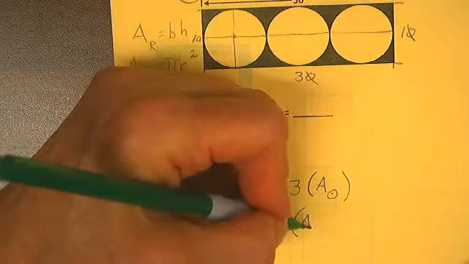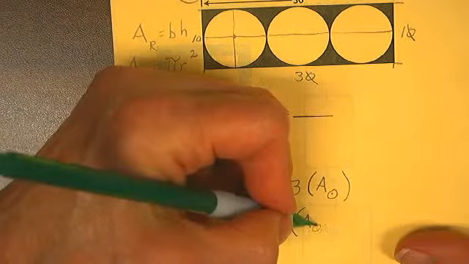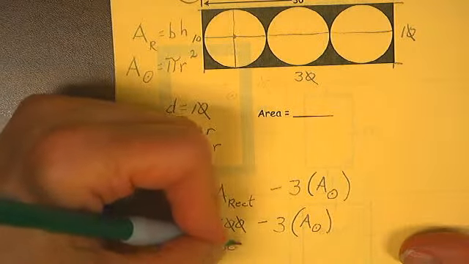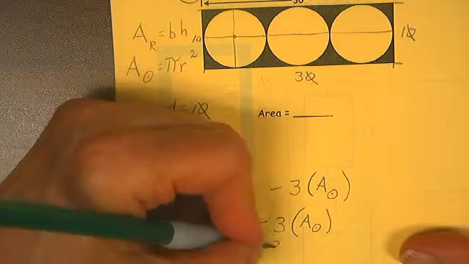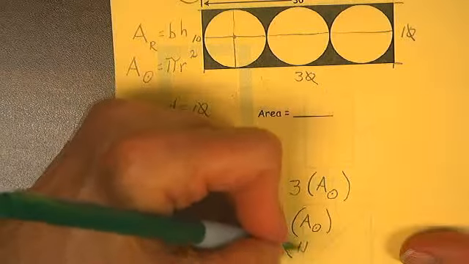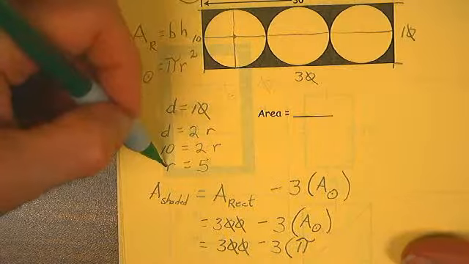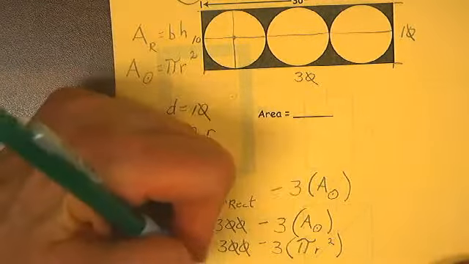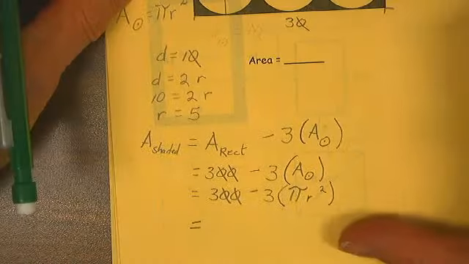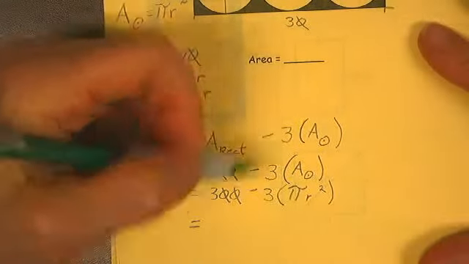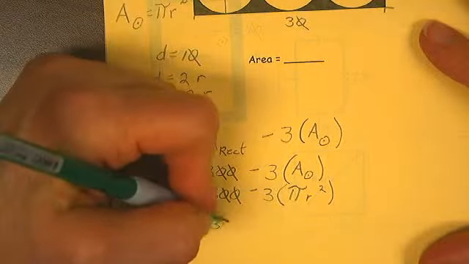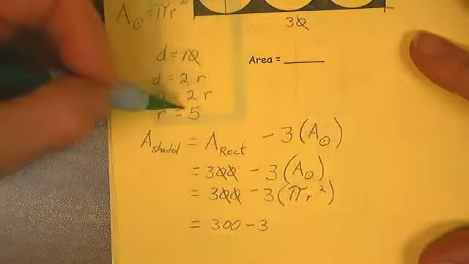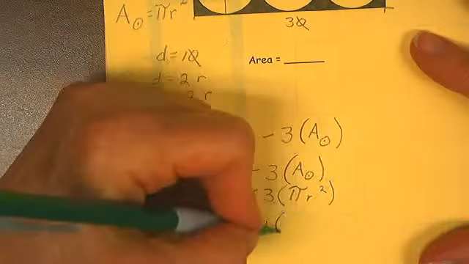The area of my circle is pi times the radius squared. 300 minus 3, r is 5, r squared is 25.